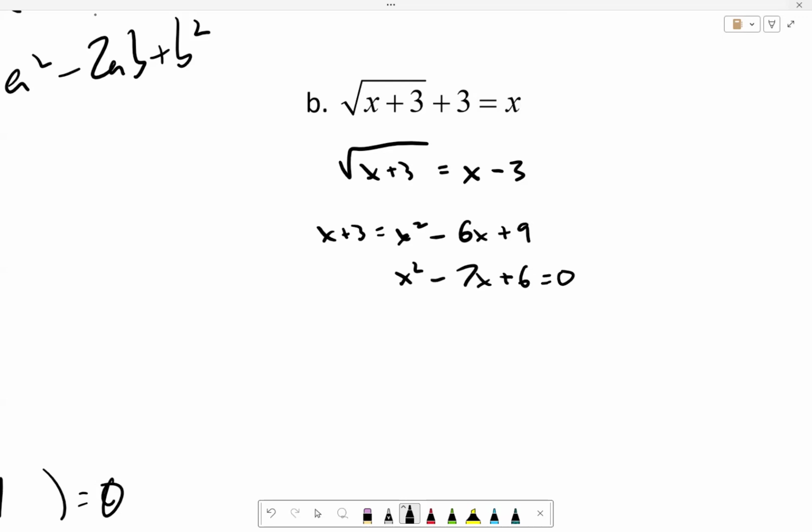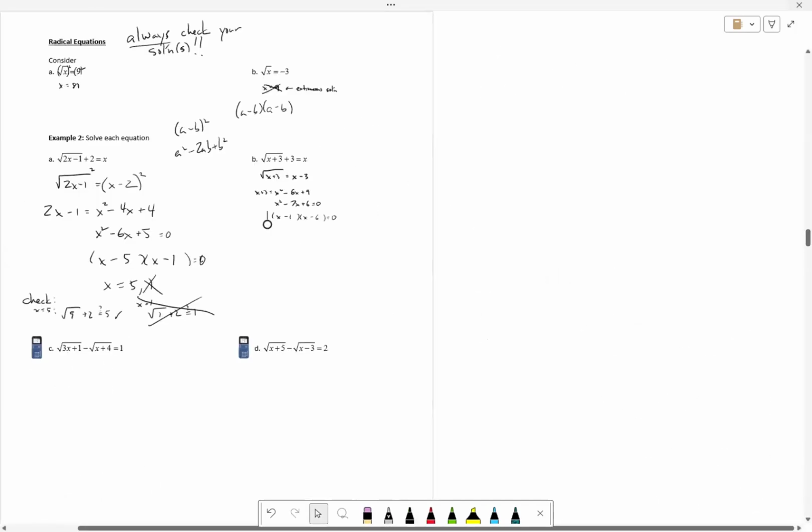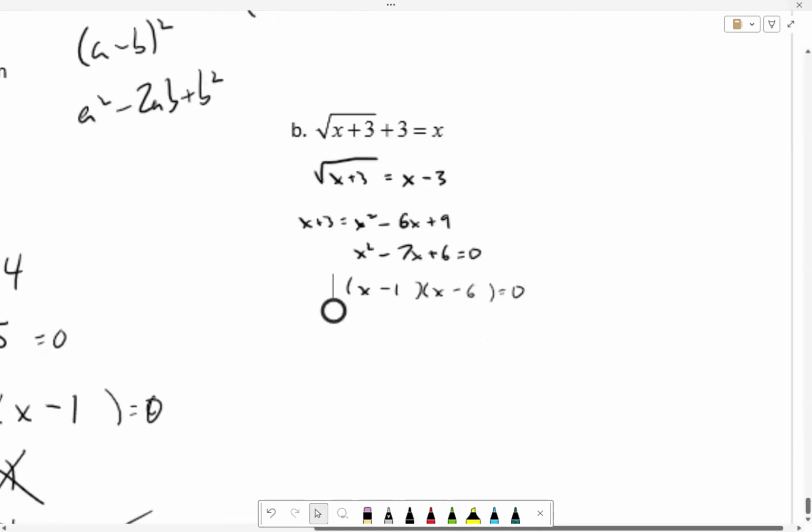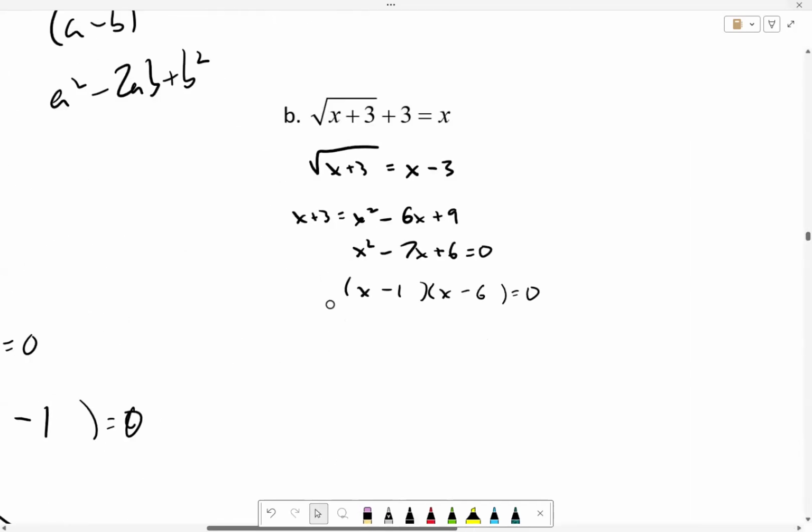You caught it midstream. Nice. You can do this now. So you're looking for two numbers that multiply to be positive 6 and add to be negative 7. Oops, x minus 6, do you say, or 7? X minus 6. Okay, thank you. Are we done? No.